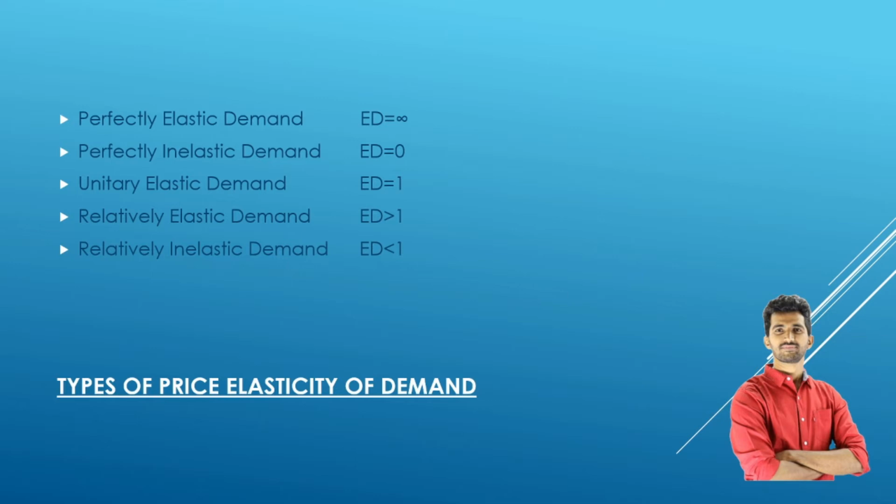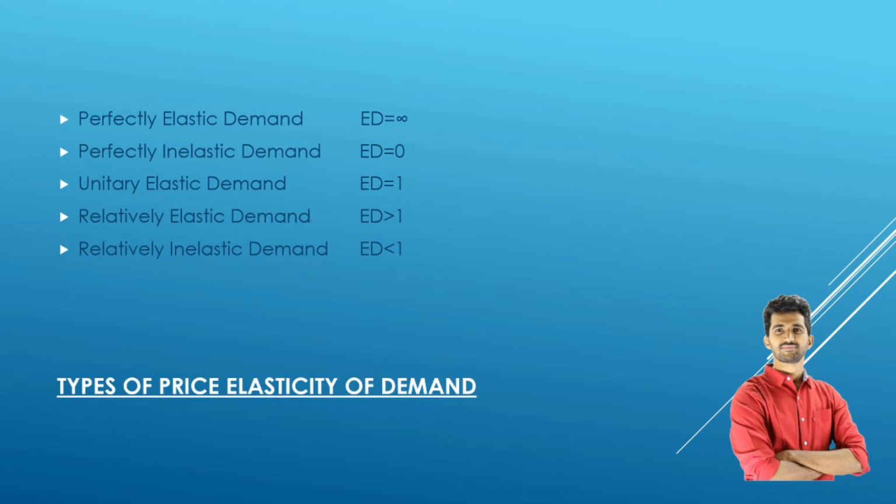According to Professor Marshall, elasticity of demand is great or small according to the amount demanded, which rises much or little for a given fall in price, and quantity demanded falls much or little for a given rise in price. It is clear from the above that elasticity of demand is a technical term which describes the responsiveness of a change in quantity demanded.